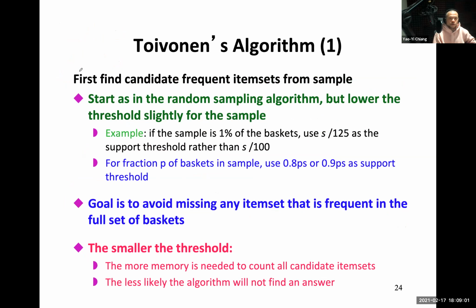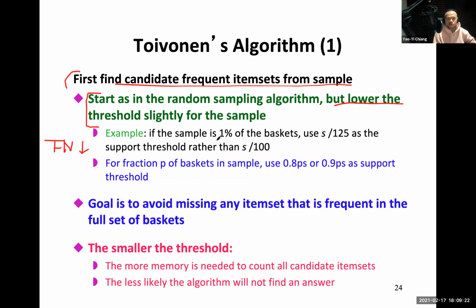In the algorithm, we first find candidate frequent item sets from the sample, exactly like what you did in the sampling approach. You start as in the random sampling algorithm, but you lower the support threshold so that you reduce the possibility of having false negatives, right?